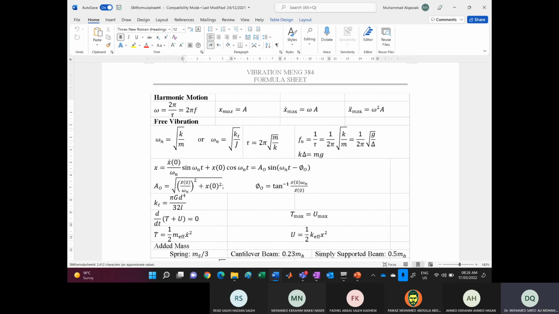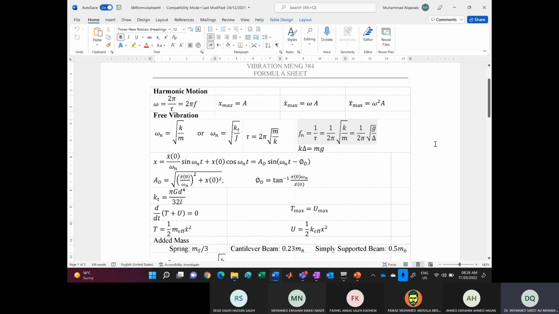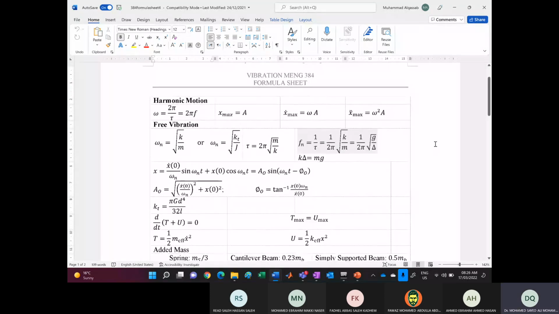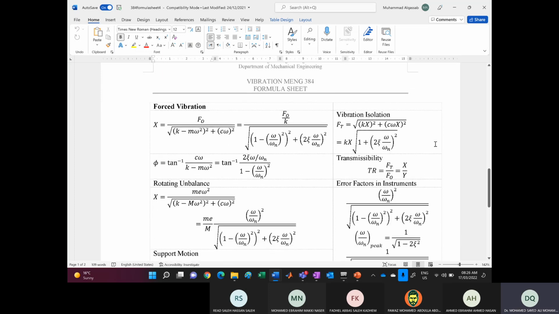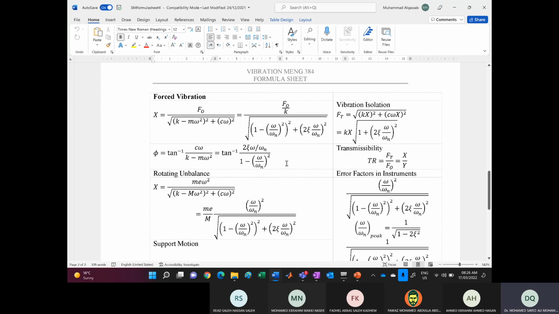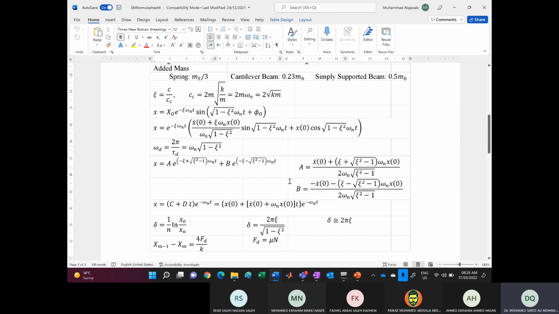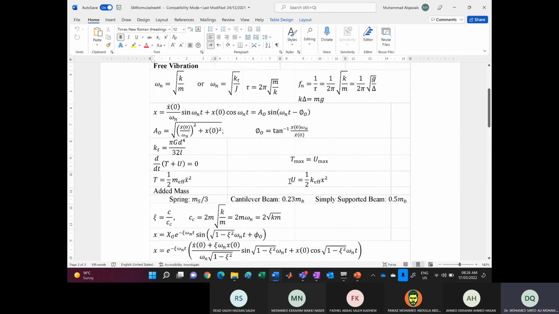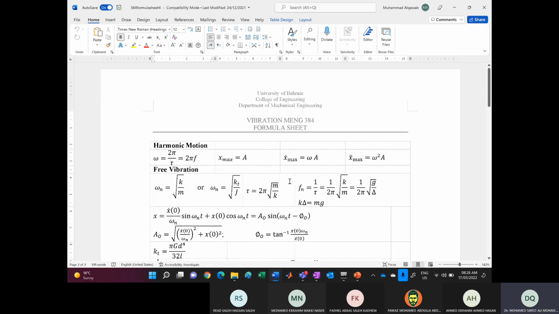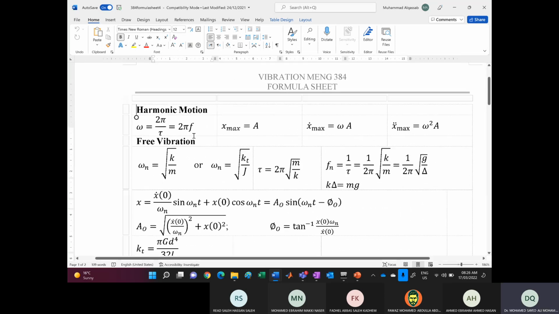The formula sheet has two parts: free vibration, and then forced vibration. Forced vibration is chapter 3 and chapter 4. So what you need from the tutorial is only page number 1. The tutorial also has harmonic motion that we need from chapter 1.